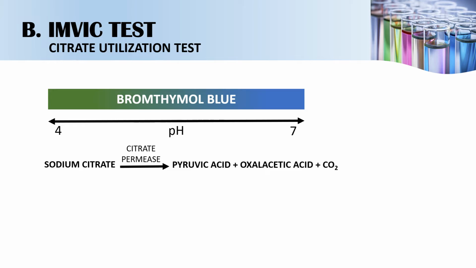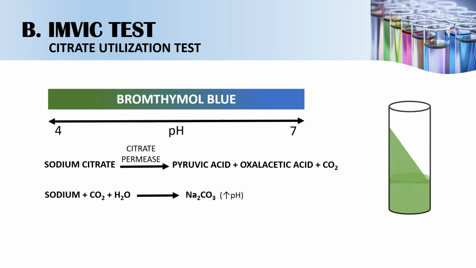Since citrate has been utilized, sodium will be liberated and will now combine with the newly formed carbon dioxide and water. So it will form sodium carbonate, which is an alkaline compound. Since this is an alkaline compound, the bromthymol blue indicator will turn from green to blue, which indicates a positive test.